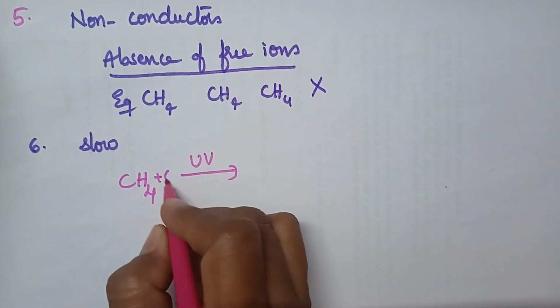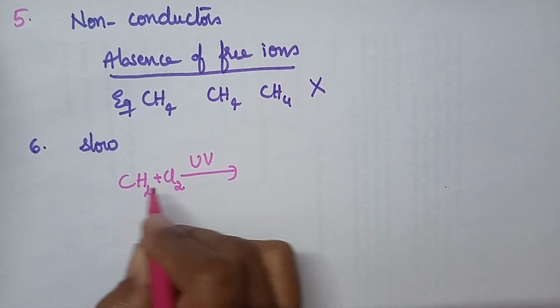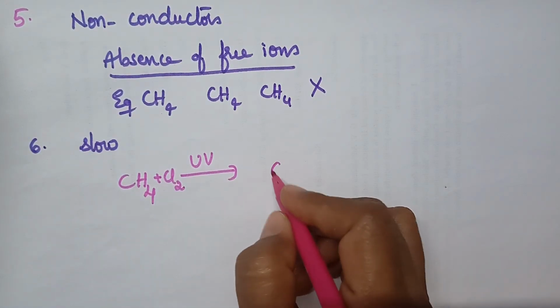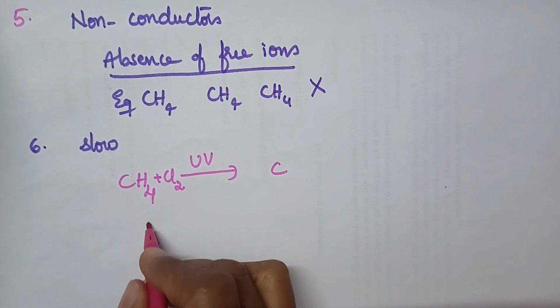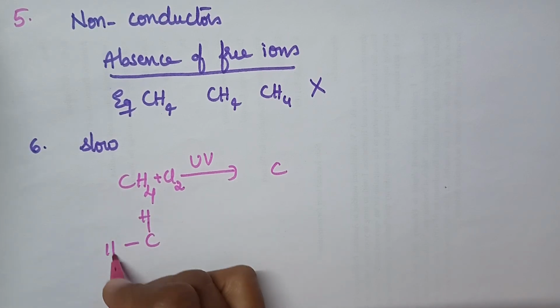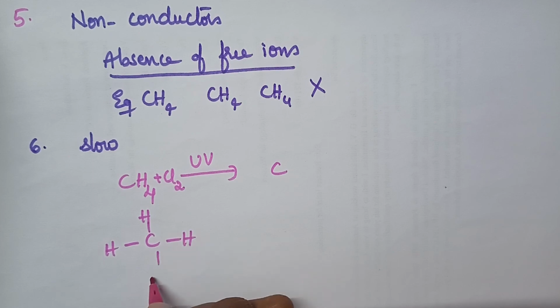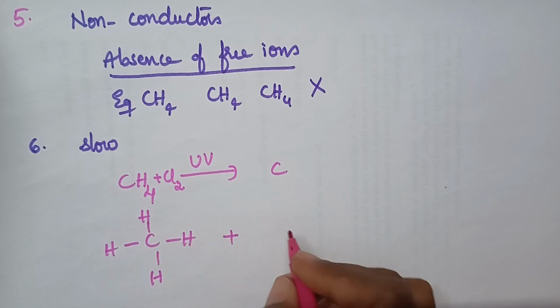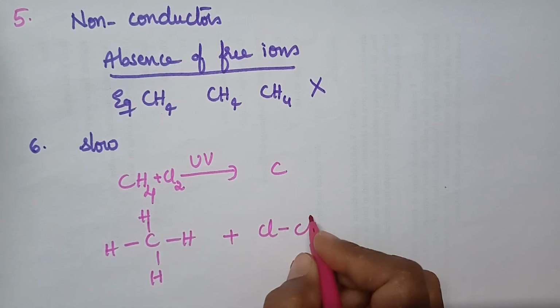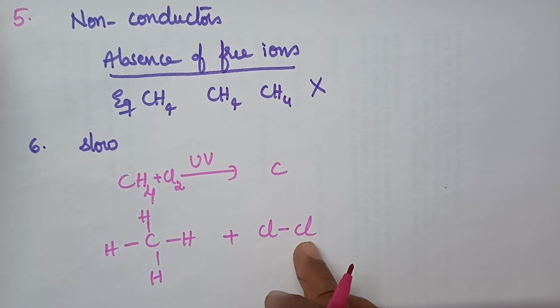In the presence of UV light only, the chlorination takes place. During the chlorination process, when you consider the methane structure, it consists of 4 sigma bonds between carbon and each hydrogen atom. And coming to chlorine, a covalent bond is present between the two chlorine atoms.